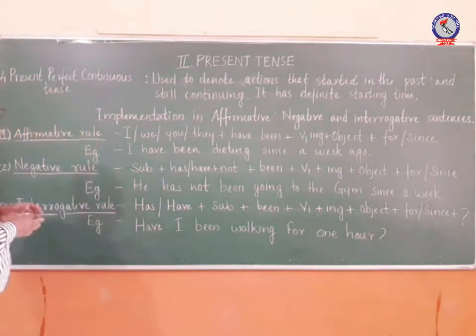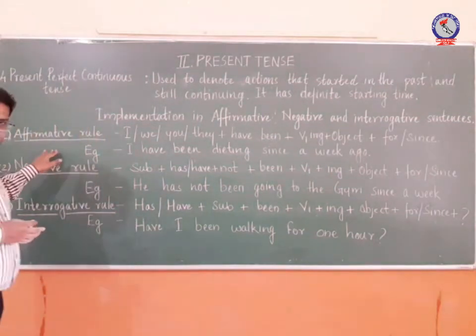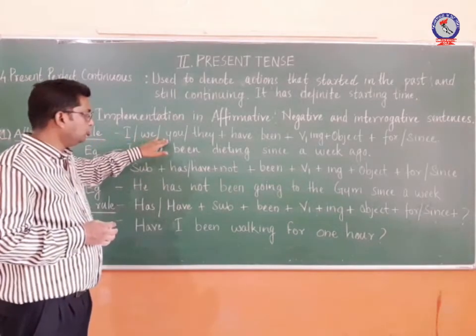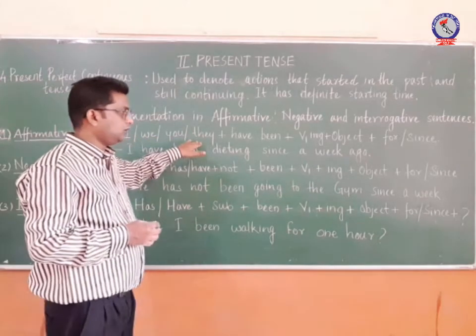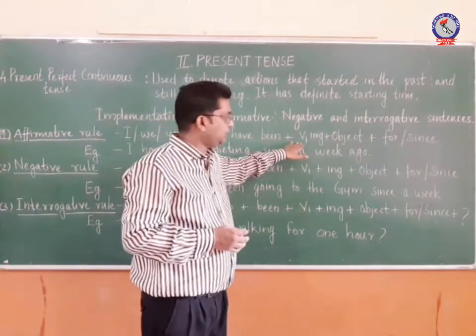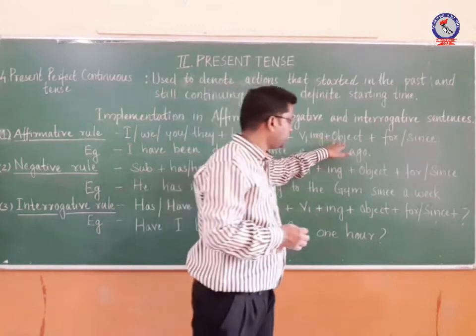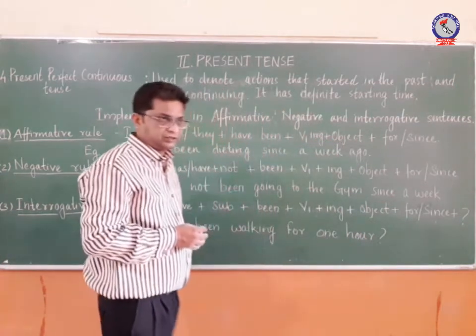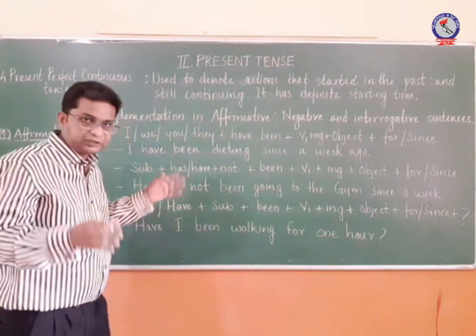Let us see the affirmative rule. I, we, you, they plus have been, V1 plus ing, plus object, plus for or since.